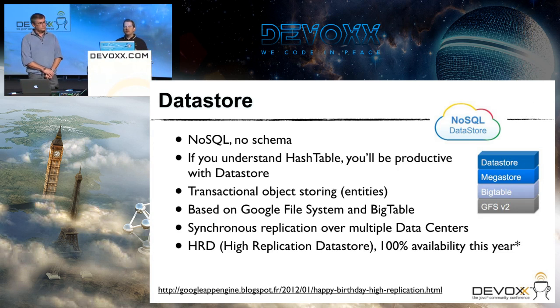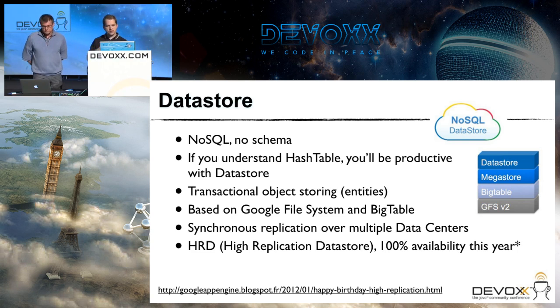So I mentioned database, and we actually have two. Historically, it was the datastore, and this is NoSQL, mostly as in no schema. And if you understand hash tables, and as Java developers you should, you're probably already very productive using the datastore. There are various levels at which you can use the datastore, from the low-level datastore API all the way up to things like JPA or JDO, with things like Objectify somewhere in the middle.